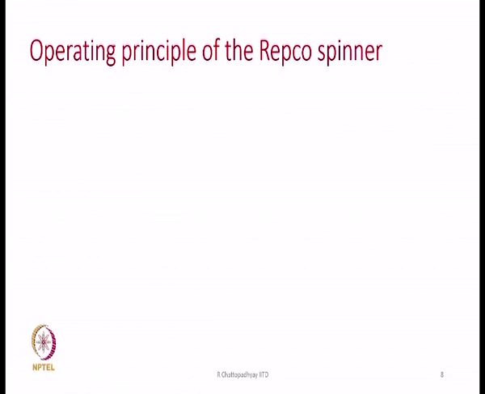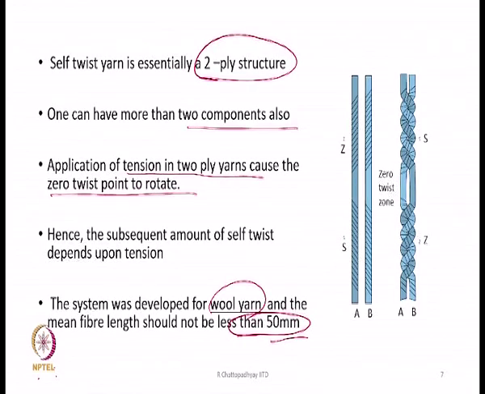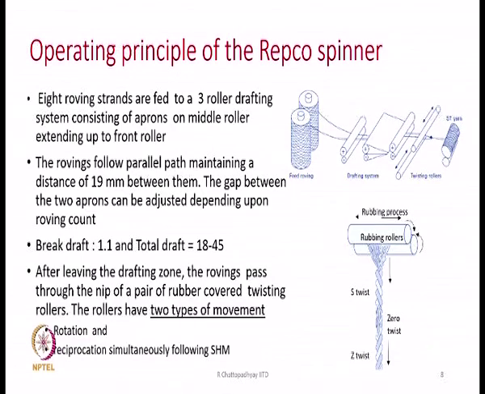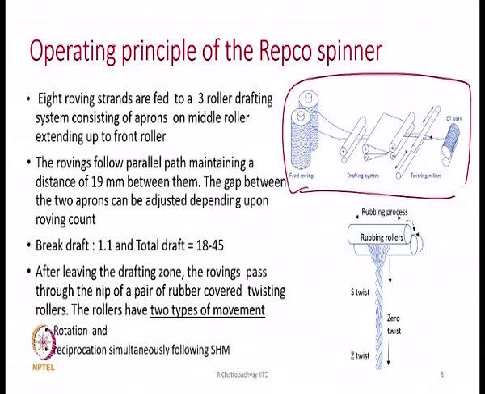Now, we are going to discuss the machine. On the right hand side, what we see is a schematic of the machine. The actual machine, I am not going to show that, it is only a schematic. We start with two feed rovings.